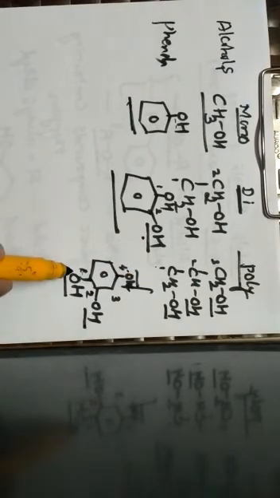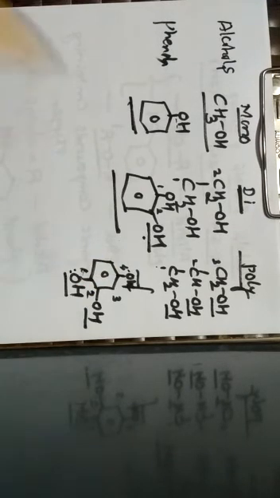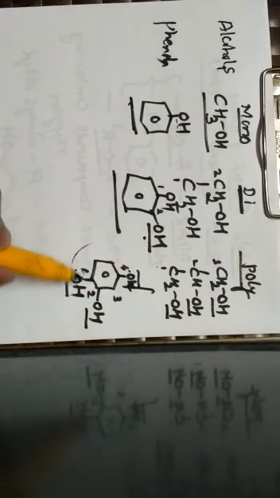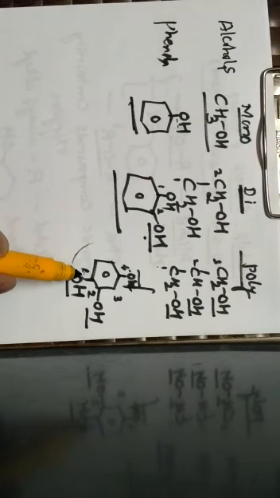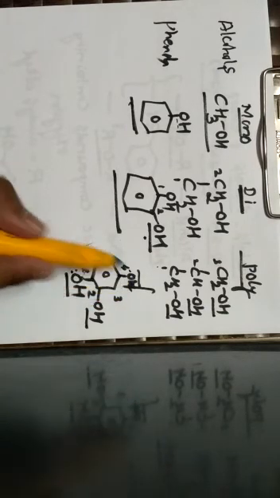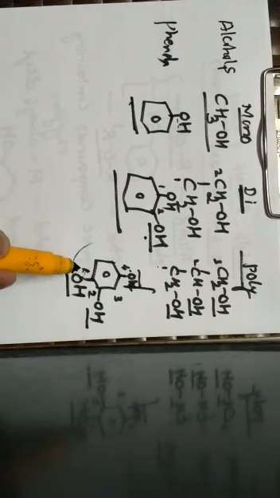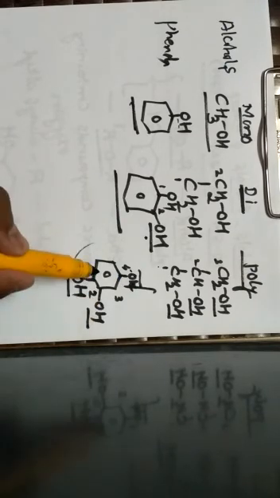I can call it benzene-1,2,4-triol, or trihydroxybenzene, because three OH groups are present, which is a polyhydroxy phenol.